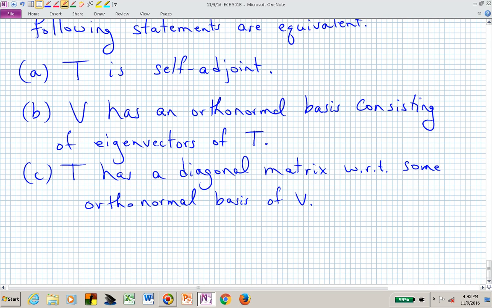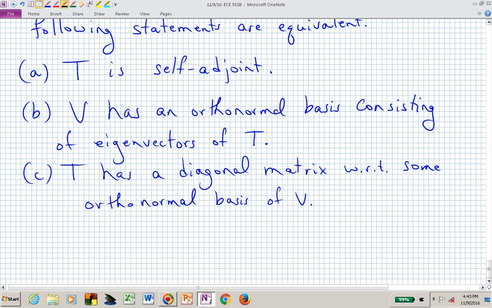So those three statements are now equivalent. If we have a real inner product space and our linear operator is self-adjoint, then we can diagonalize the matrix representation of that linear operator.